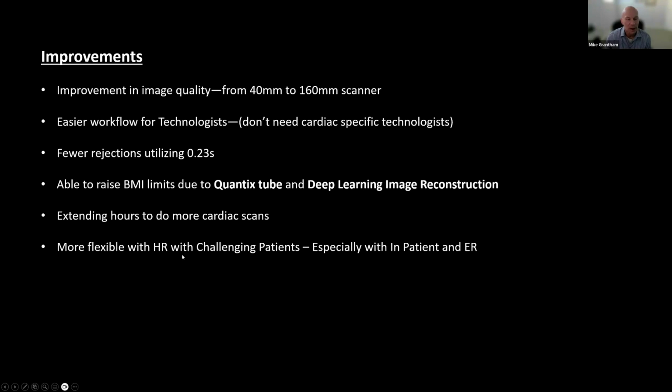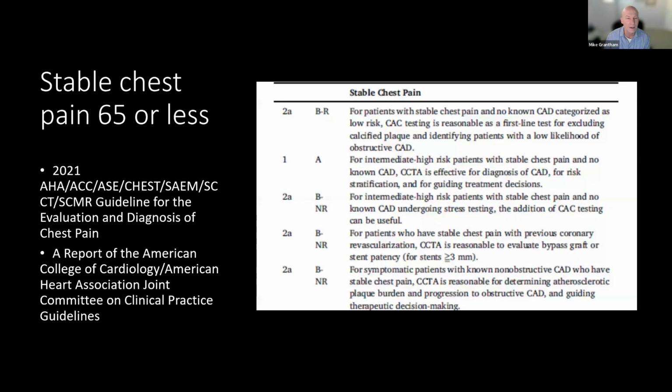Also, we're a little more flexible with our heart rate. Before, if a patient came down from the floor or an outpatient came in with a higher heart rate, we were often sending them back to the floor or home with more medications to try and get their heart rate down. Now we're often just doing them with the higher heart rate and usually getting a good study. So that's helped as well.